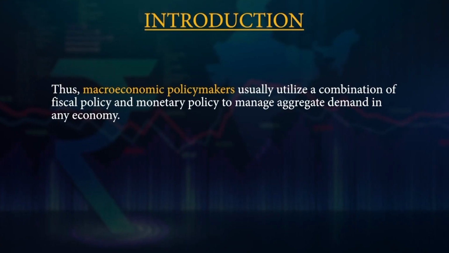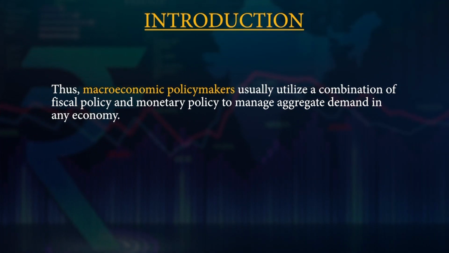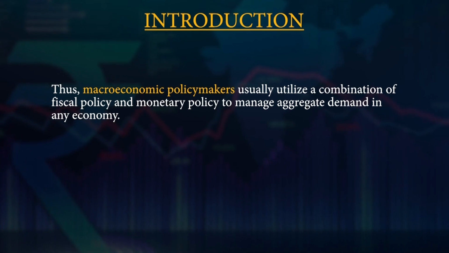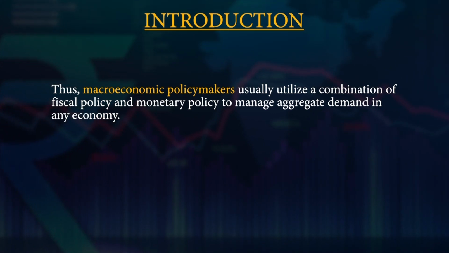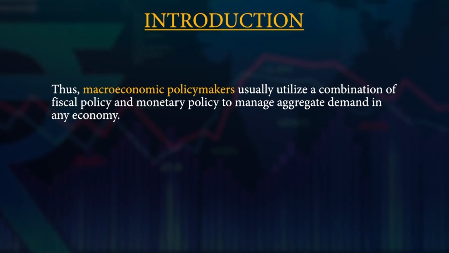Thus, the policymakers, specifically the macroeconomic policymakers, usually utilize a combination of fiscal and monetary policy to manage the aggregate demand in an economy. However, as time passes by, the policy regime keeps on changing depending upon the needs of the time.